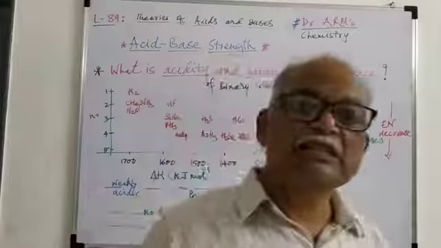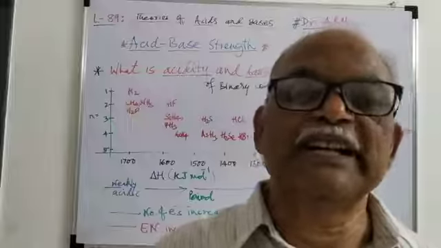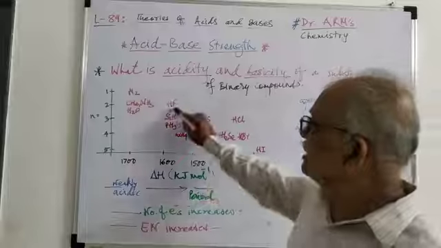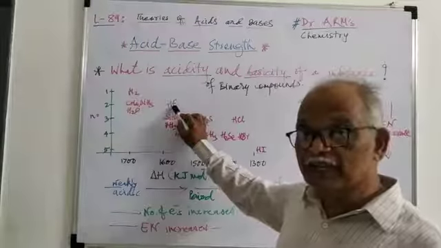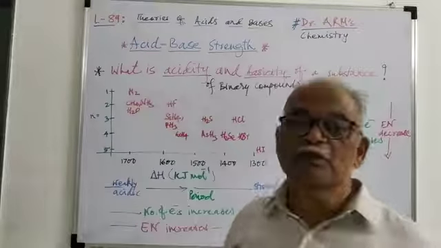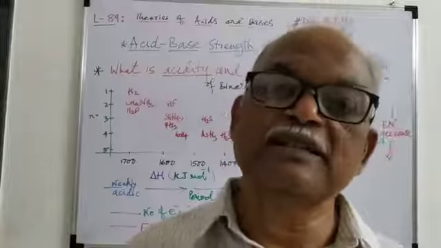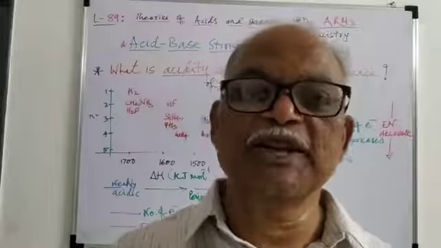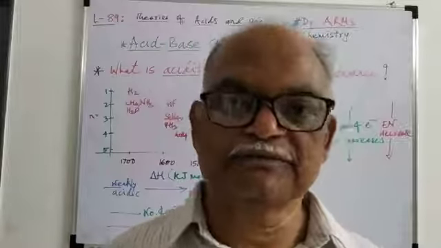It means these are the compounds in which there is at least one hydrogen atom and any other atom. For example, if you see HF, it has one hydrogen atom and the other atom is fluorine. So here we are taking into consideration only those compounds in which there is at least one hydrogen atom, and we are going to see what their strengths as acids and bases are.